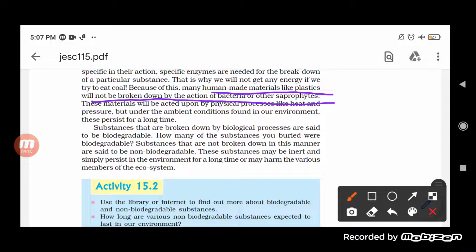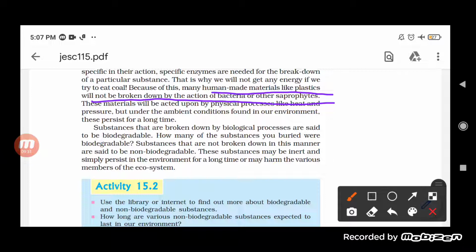These materials, with the help of physical processes like applying heat or pressure, we can reduce their amount, but again by heating, they will release poisonous gas.